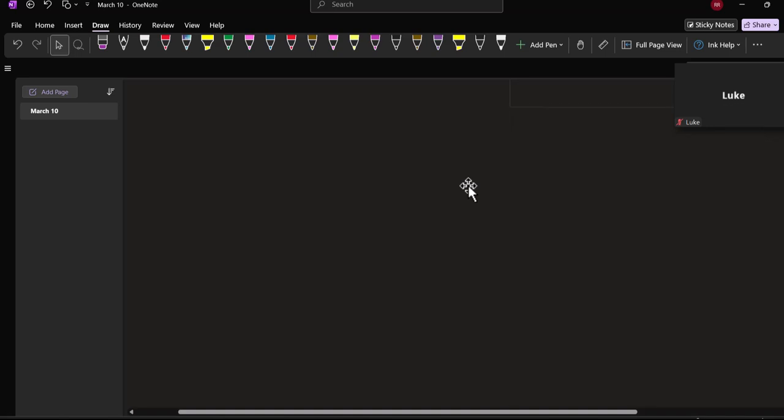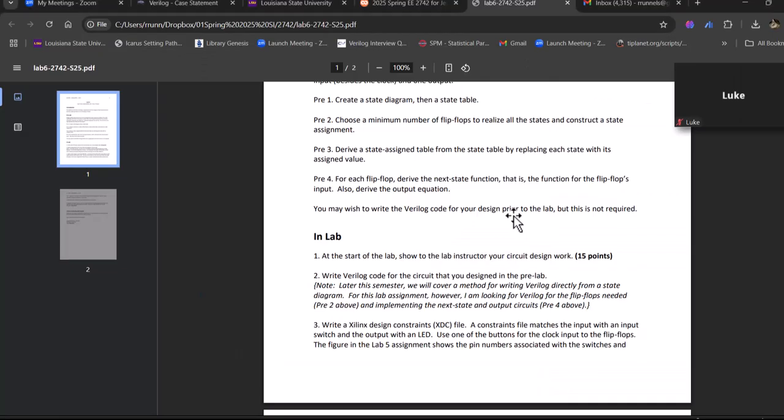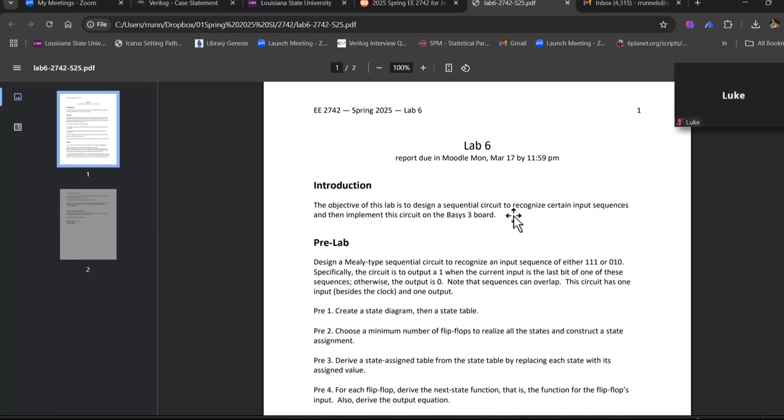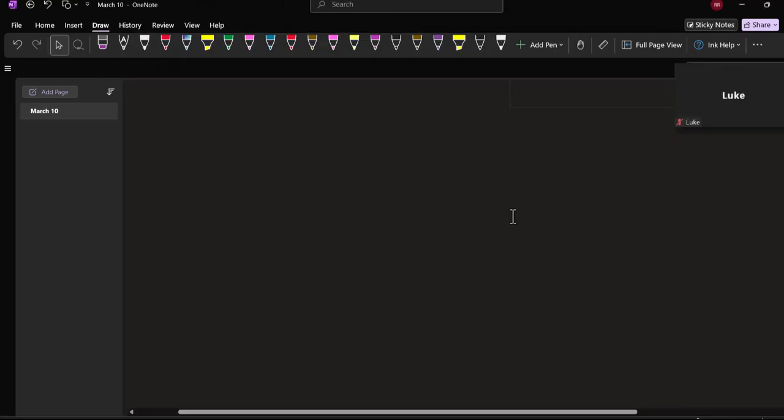I'm not going to do your exact one. Yours is to do 1, 1, 1 or 0, 1, 0. So I will do 1, 0, 1. We're trying to detect 1, 0, 1.